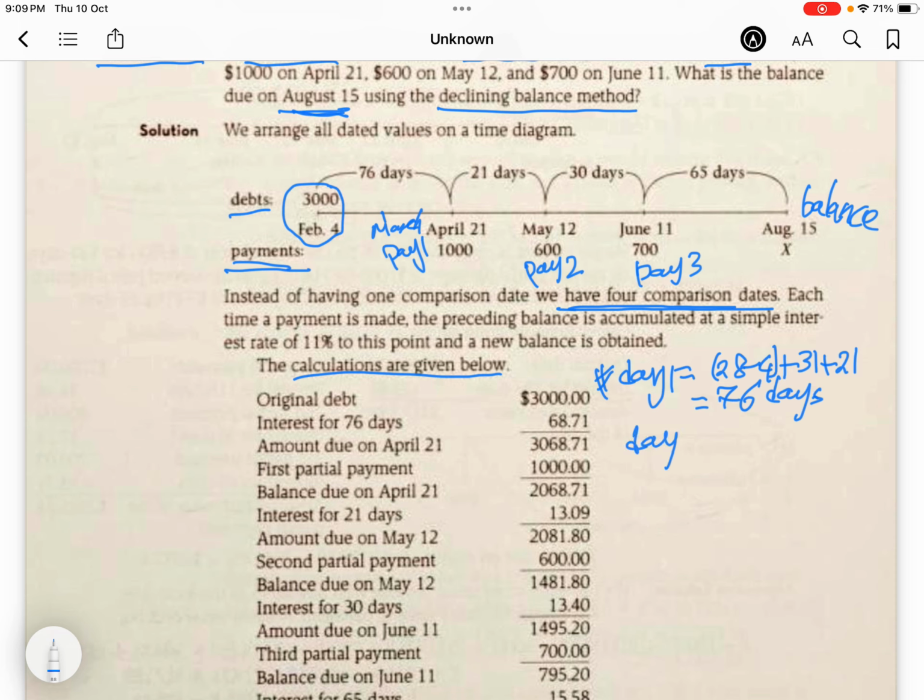Day 2, number of days 2, it will be April, May.